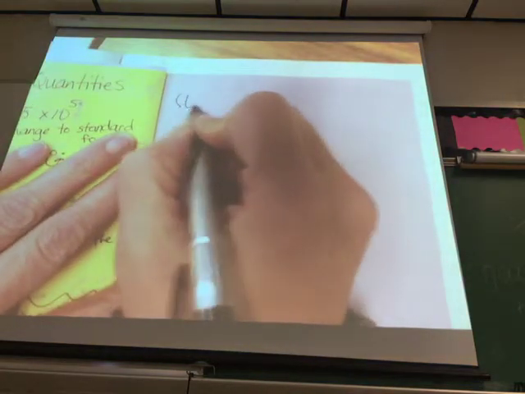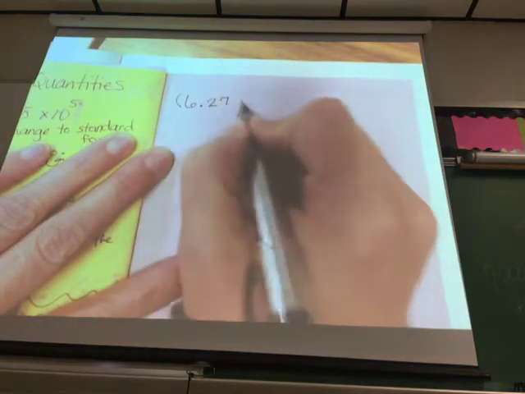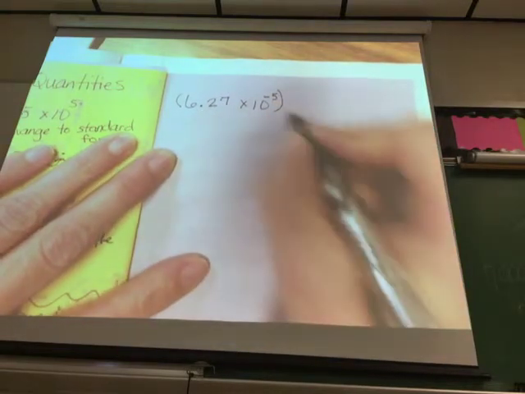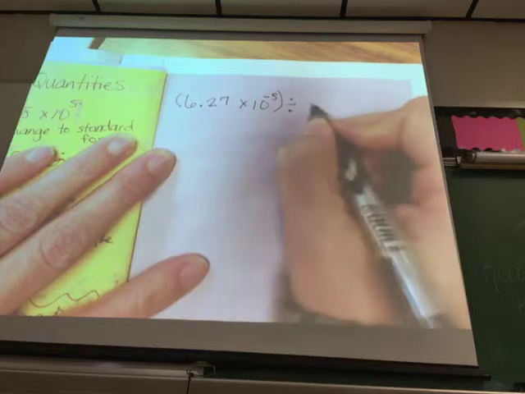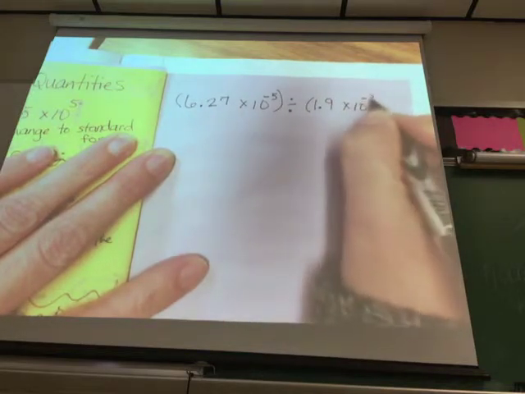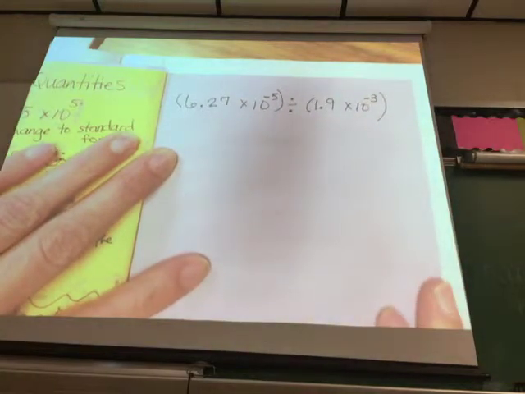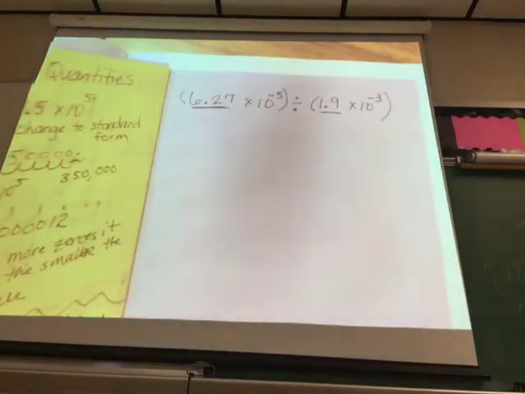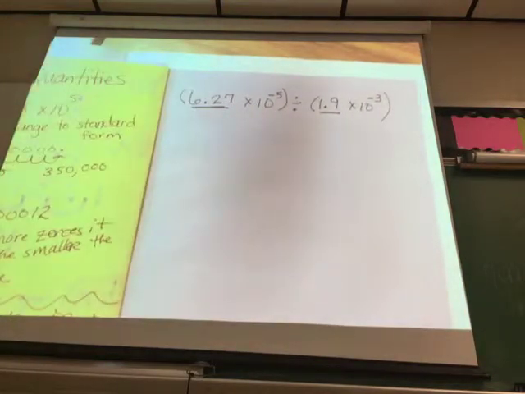Here, if I have 6.27 times 10 to the negative 5th, and now I'm using a negative exponent, which is okay, divided by 1.9 times 10 to the negative 3rd. The rules still say the same. I want to take this number and divide it by 1.9. Use your calculators or your brains.